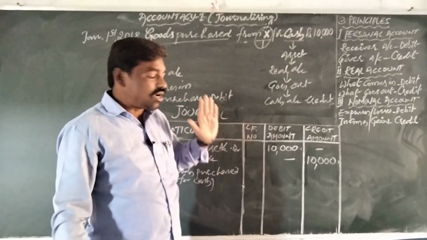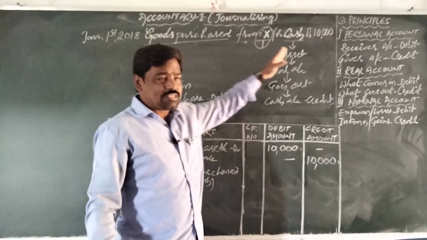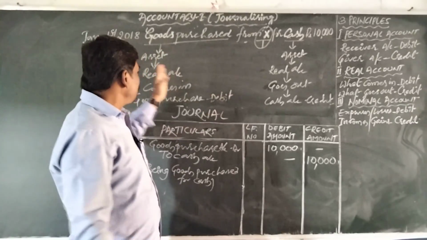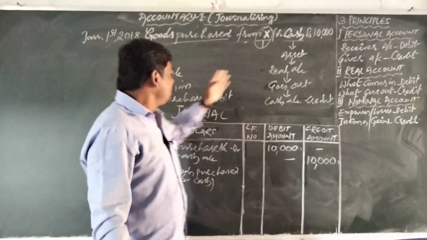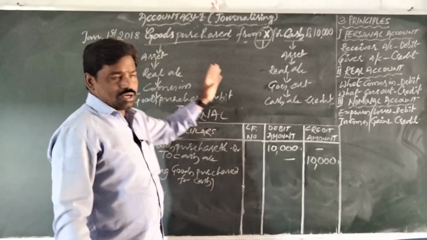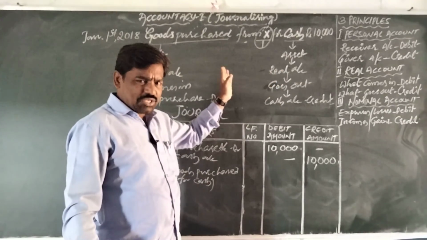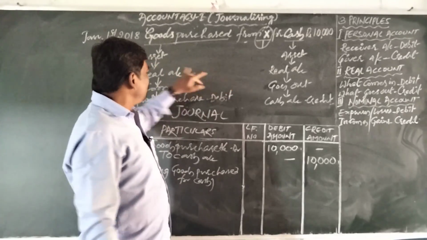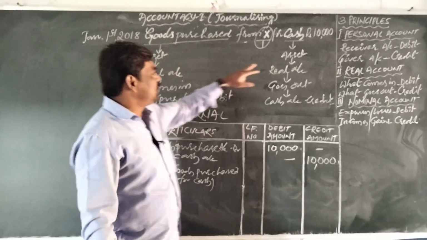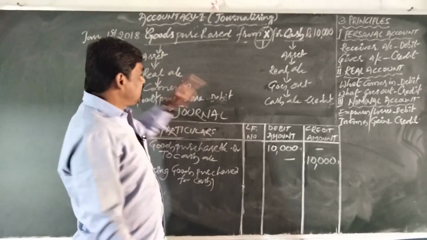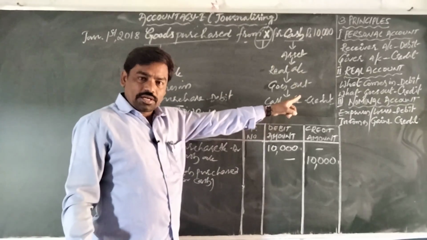As per the dual aspect concept, we must identify two aspects in the given accounting transaction. After finding two aspects, we identify the nature of the aspects. Is it asset or income or expenditure or name? So here we identified the nature of aspects. One is asset, another also asset. Both are assets in this transaction. So assets relate to real account.